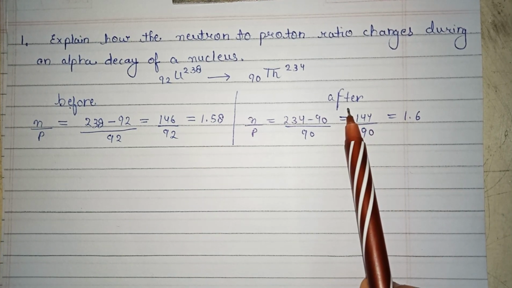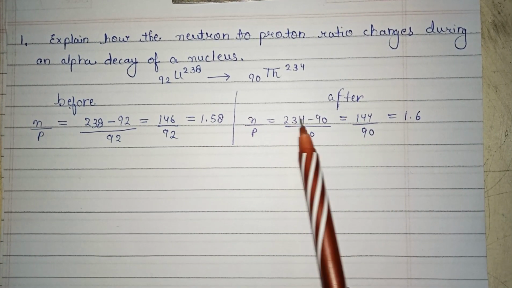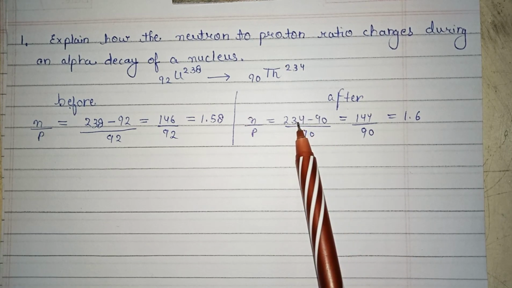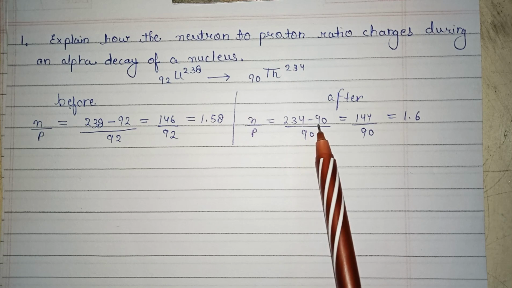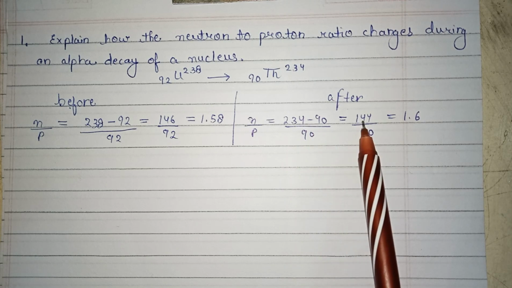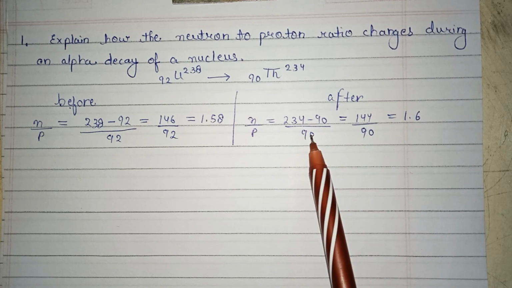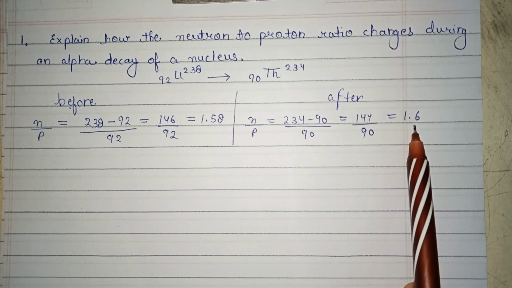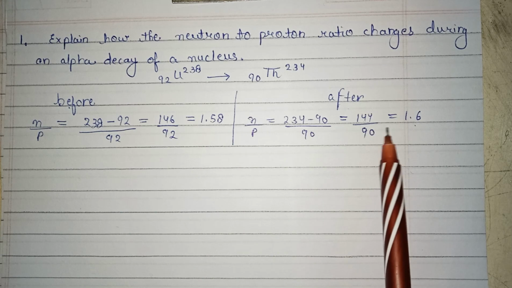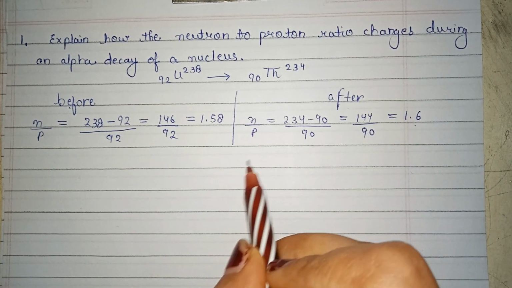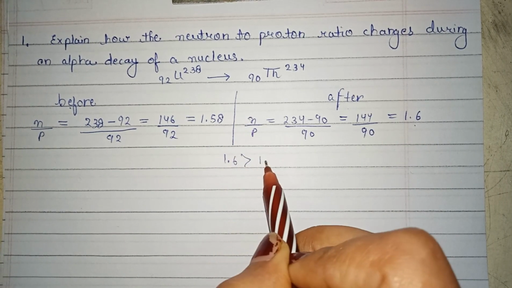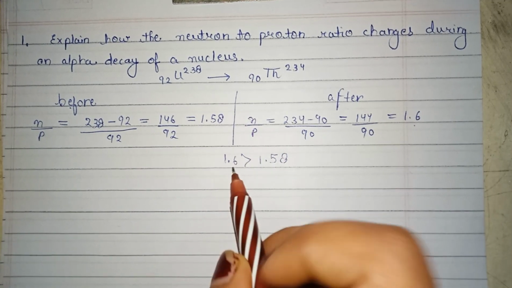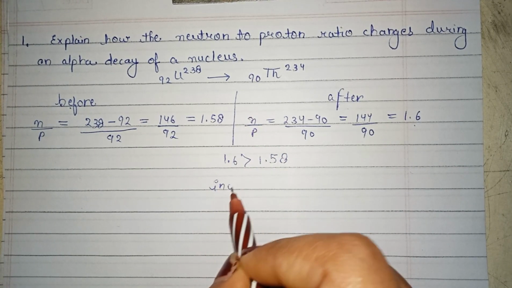After the alpha decay, the neutrons will be atomic mass minus atomic number, that is 234 minus 90, which is equal to 144, and the number of protons will be 90. After dividing this we get 1.6. So we can clearly see that 1.6 is greater than 1.58. So the neutron to proton ratio increases after an alpha decay.